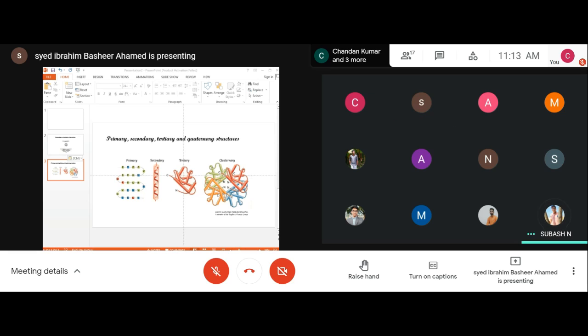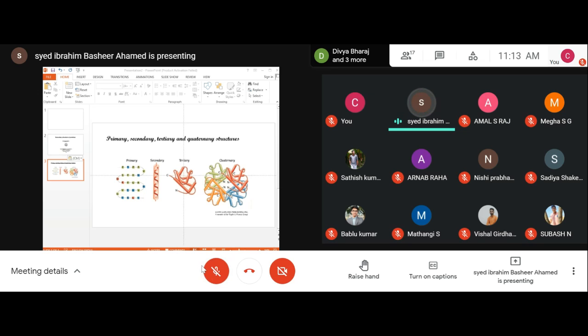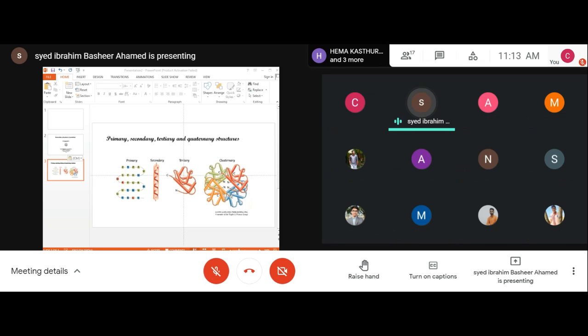Apart from this, any other amino acid? Sir, proline. Proline, you can say the side chain is covalently linked. You can say proline, right?